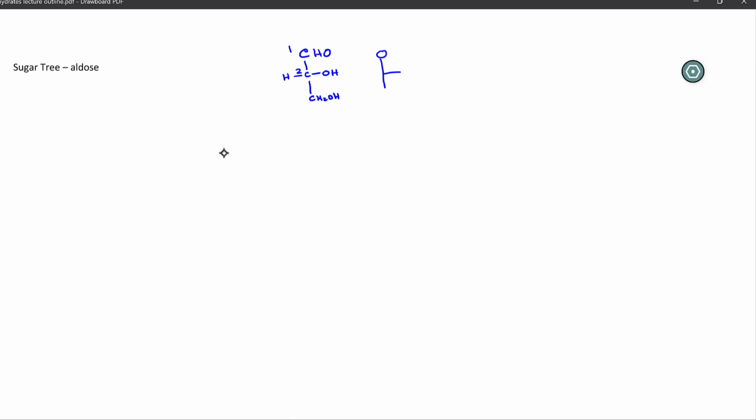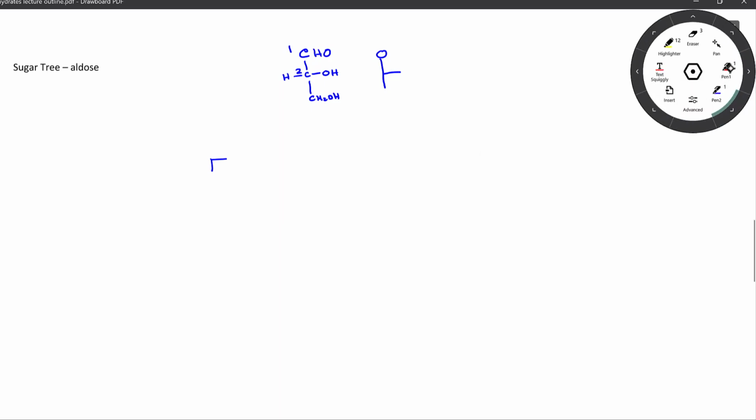I'm going to draw it way out here. And then I'm going to draw on top of that the next addition, which would be this. And then above that I have O, like that. So that would be one of the structures that you create.